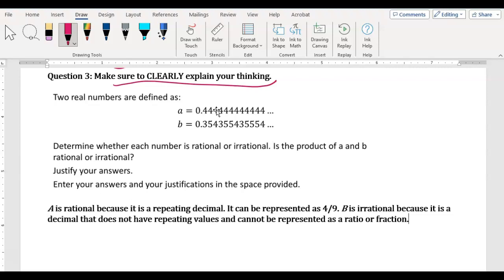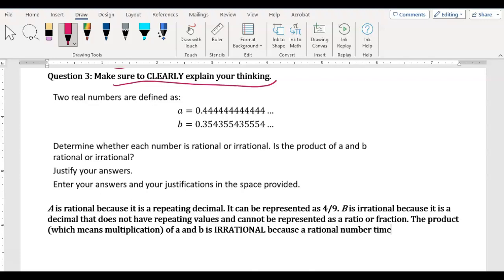And then it says, is the product of A and B rational or irrational? So the product, which means multiplication, of A and B is irrational because we can cite the rule: a rational number times an irrational number gives us an irrational number.